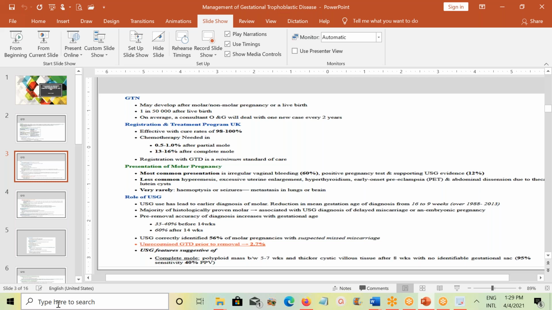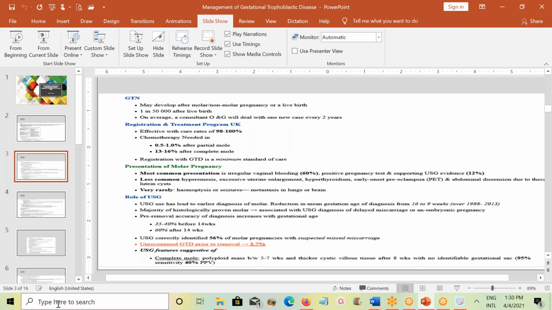This finding is about 95% sensitive and has a positive predictive value of 40%. Why? You have done the ultrasound between 5 to 7 weeks and seen a polypoid mass, there is thick villous tissue after 8 weeks, and no baby is there. Okay, that is the appearance in cases of complete mole.